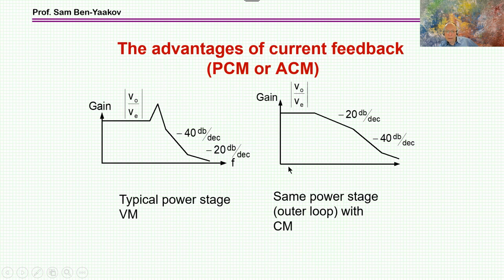So if we compare the voltage mode, which has a second order system, minus 40 dB per decade, and perhaps a zero here, to the current mode, we see that what we gain in terms of the control is that the system becomes of a lower order, so therefore we can close the loop here, while here it's more difficult.